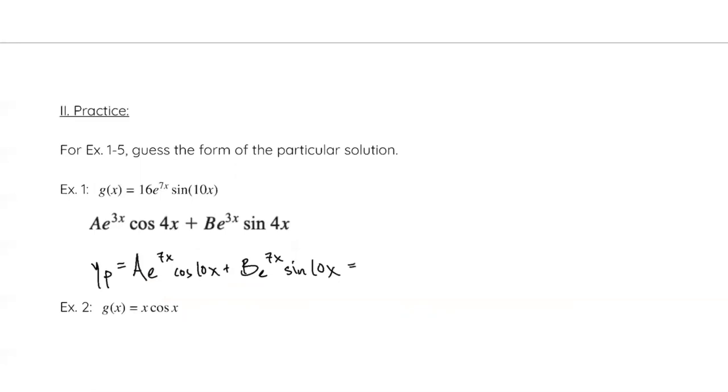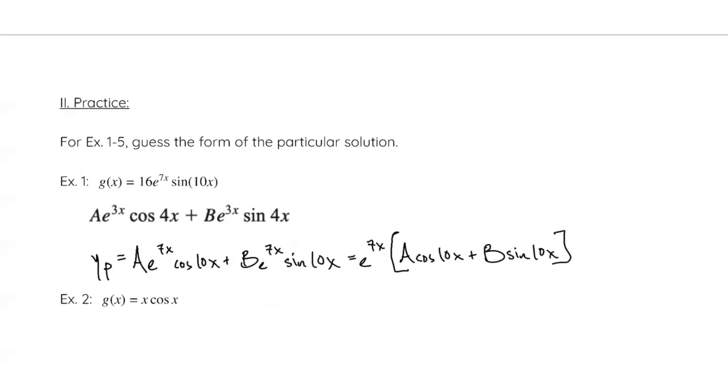Other people prefer not to distribute it out, and so they might write it like this. And either way is fine. So if I say guess the form of the particular solution, you can either find the product already distributed on the table, or you can write it as the product of two separate ones that you find on the table. All right.